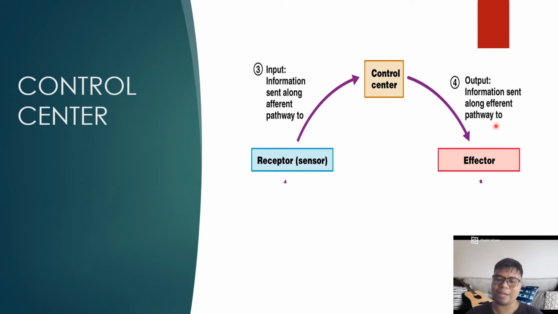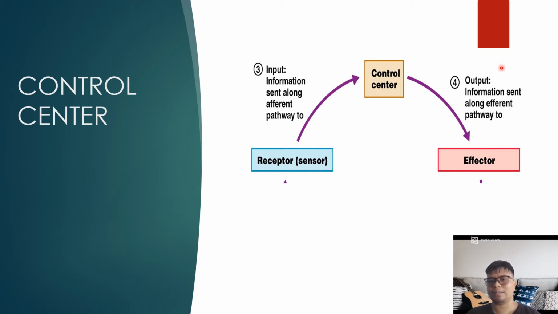The efferent pathway is the polar opposite of the afferent. In this case, we have the central nervous system firing impulses, firing information towards the peripheral nervous system, from the brain to the spinal cord to the different neurons in our body.